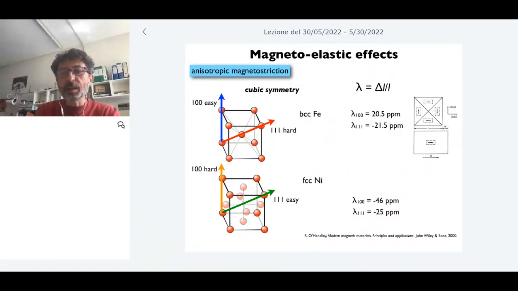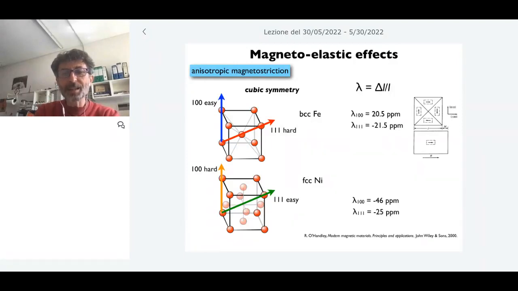So generally, if we do not apply any field, the magnetization will try to be, for example, for iron, along one of the easy axes. So in the language of crystal, it's a 1, 0, 0 axis. If we let the magnetization be in one of the easy axes, we will find the cube is not really a cube.